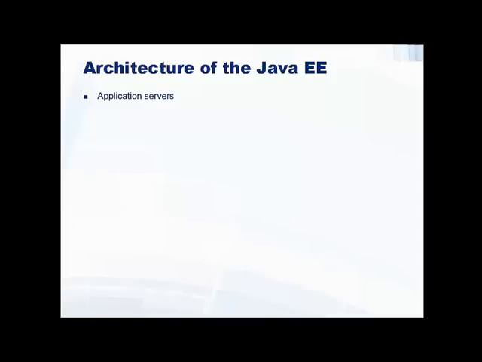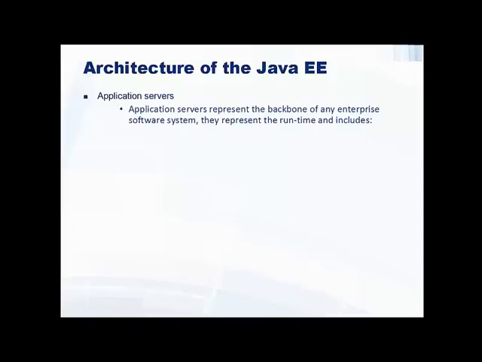Application servers. We mentioned that we have enterprise applications and enterprise platforms, but we are missing a key part. An application server basically represents the backbone of any enterprise software system.